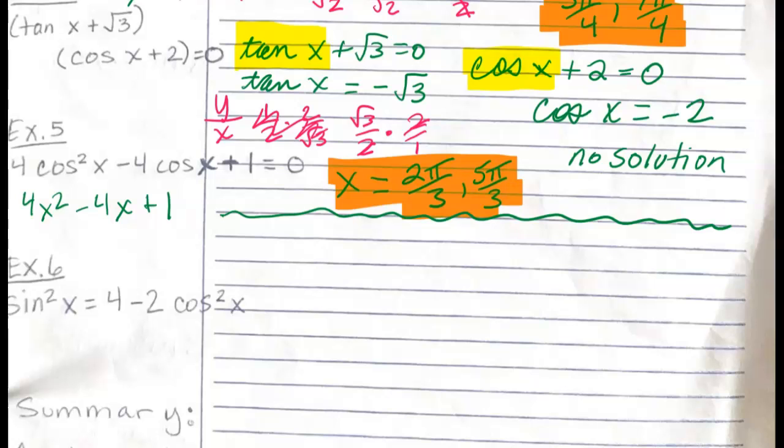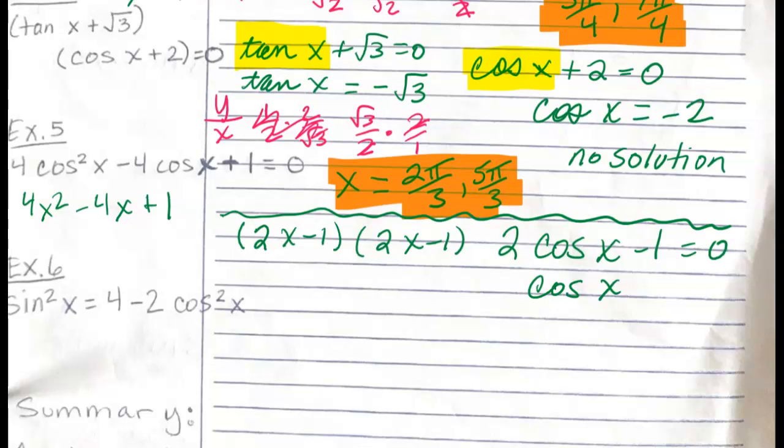If you would factor that out, you'd have something like what? 2x minus 1 and 2x minus 1. But we don't just have x, we have cosine. So wherever you see an x, you just put a cosine. So you'd have 2 cosine x minus 1 equals 0. Obviously, you're going to get the same thing twice, so we don't need to write it twice. So you'd get what? Cosine x equals, move it over, positive 1 over 2.